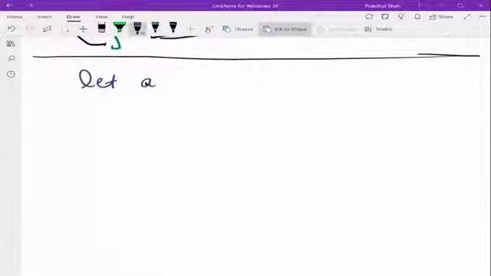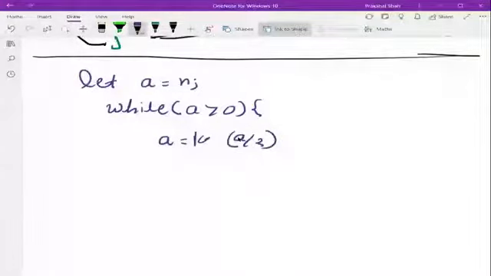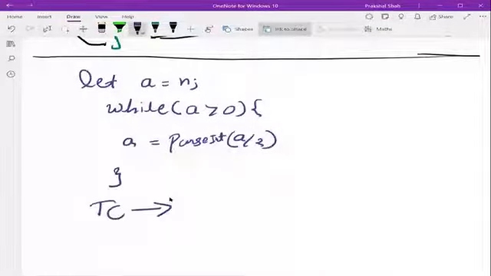Let a equal n, and I'm doing a while loop: while a is greater than 0, I have to execute this. And here I am doing a equals a divided by 2, with the division operation coming up with some remainder, something like a percent, like this. So I need to calculate the time complexity of this.